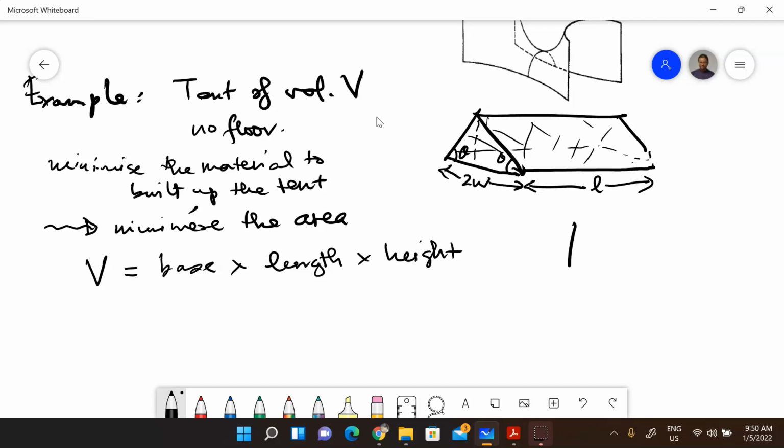Okay, so let's draw it. So here I need to know what this height is, right? Given that this is W. So you can do ordinary trigonometric things. You know that tangent theta is h over w.